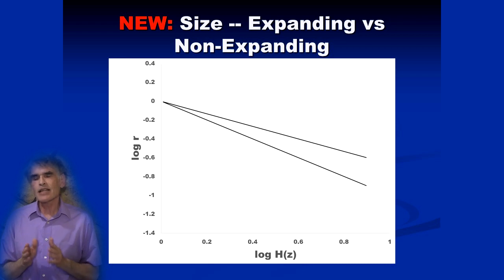And there are theoretical predictions that were made based on H(z), that is the radius of the universe at a given time relative to its present radius.